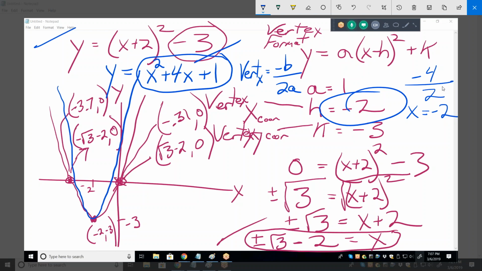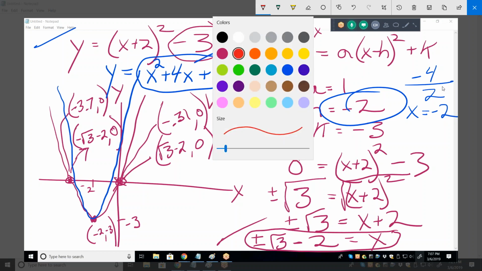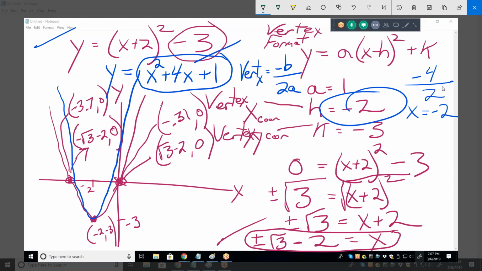There is one other format, and I'm going to write it just to see whether you've had it or not. This is called X-Intercept Format.